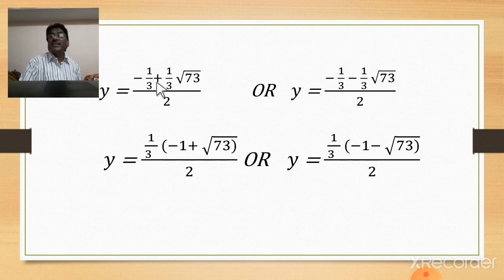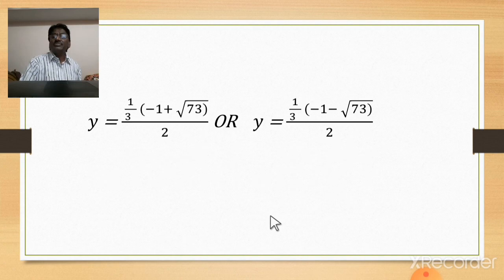If we take 1 upon 3 as common, then we get 1 upon 3 into the bracket (-1 plus root 73) upon 2, and on the right hand side we get y equal to 1 upon 3 into the bracket (-1 minus root 73) upon 2.